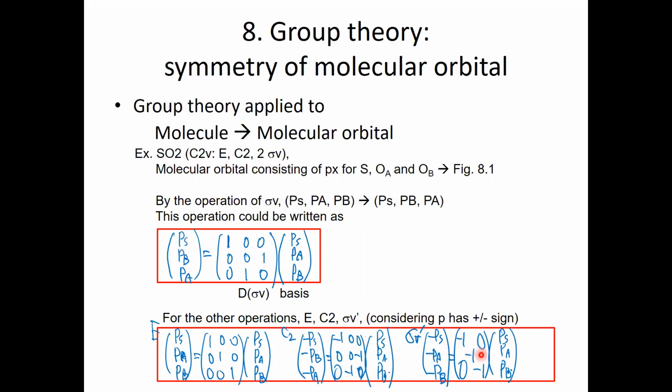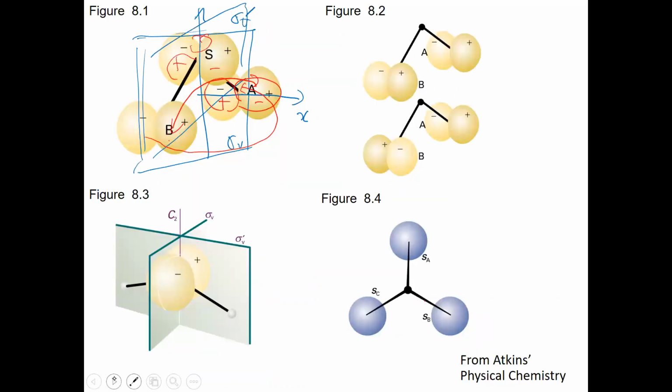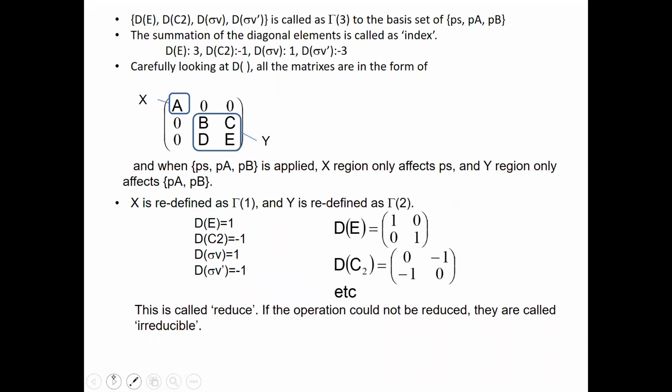And this one is minus 1 plus minus 1 plus minus 3. And this one is 1, something like this. These are called the index. This value is an important value, and we are coming back here later on. But just remember that in the transformation matrix, the sum of the diagonal elements is called the index.